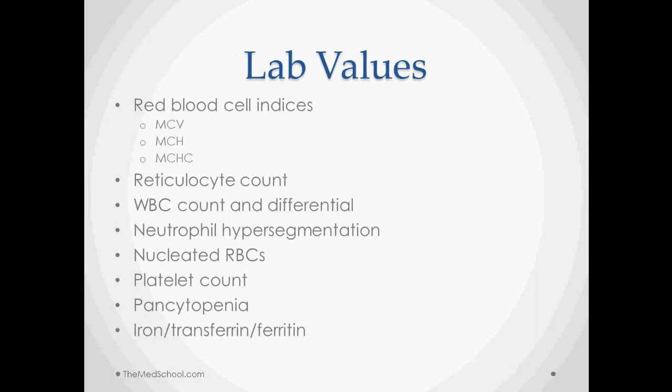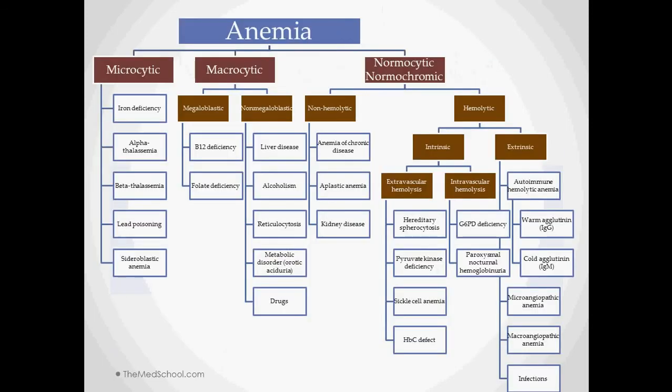The lab values involved are MCV, which is the mean corpuscular volume. The mean corpuscular volume is the size of the red blood cell, or the volume of the cell. So if we back up to this slide where we talk about microcytic versus macrocytic and normocytic, the mean corpuscular volume can help us start thinking about different categories of anemia.